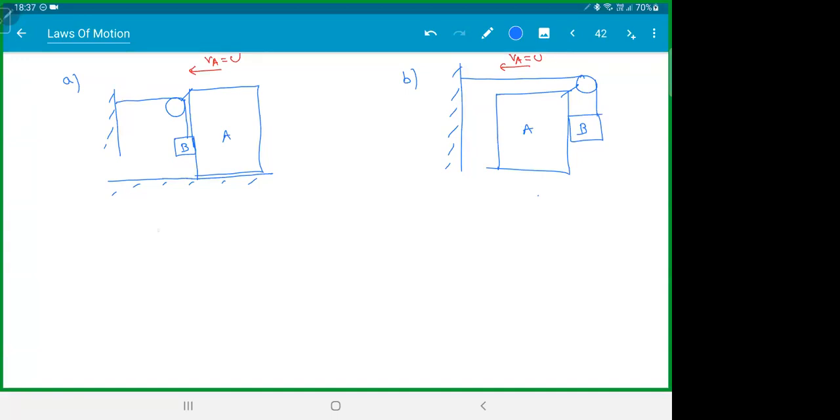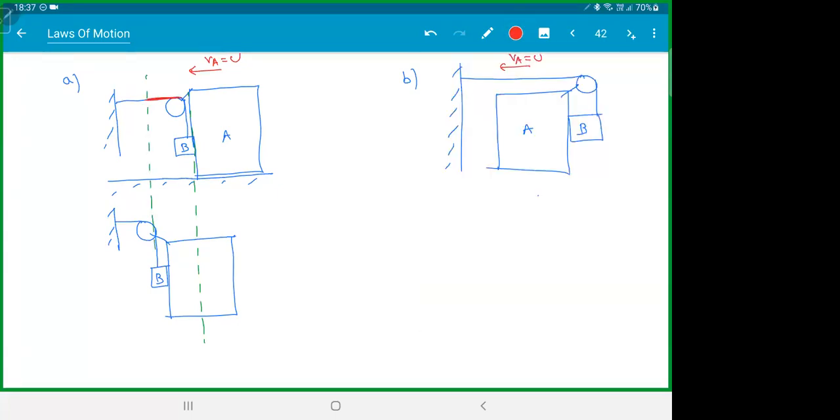So what happens here is when this guy goes forward, the pulley will come here. B will come here. You can clearly see here, this part of the string was missing.